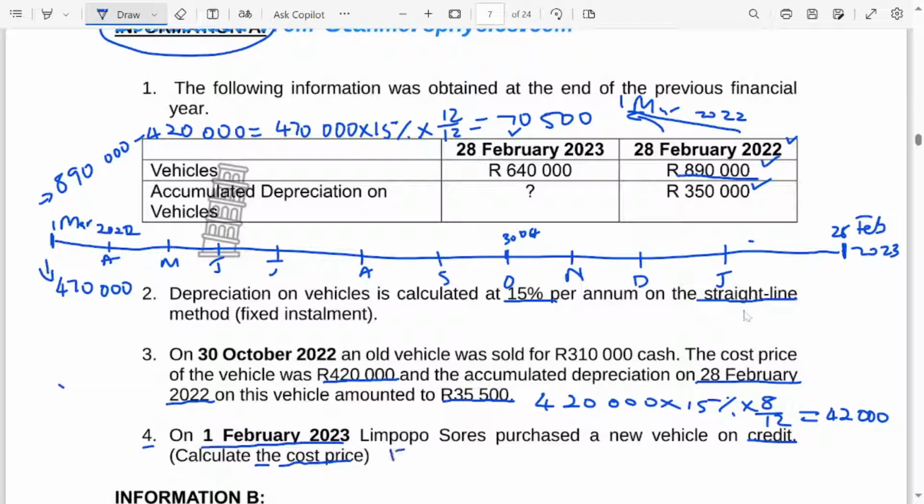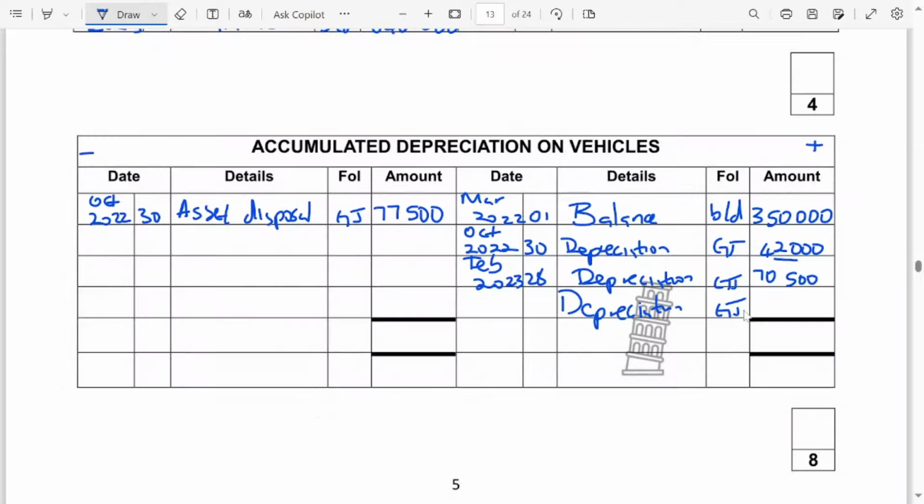And remember, we now know its cost price. It is 170,000. So we're going to take 170 multiplied by 15% multiplied by 1 over 12 because it stayed for only 1 month. So 170 multiplied by 15% times 1 over 12. That is going to be 2,125. So we'll go with it.